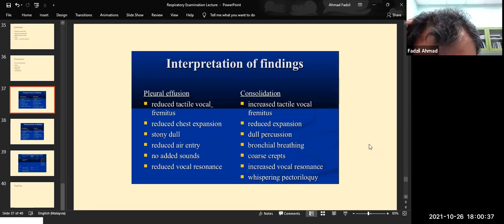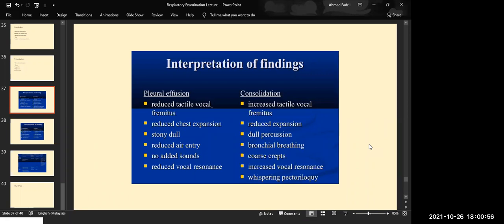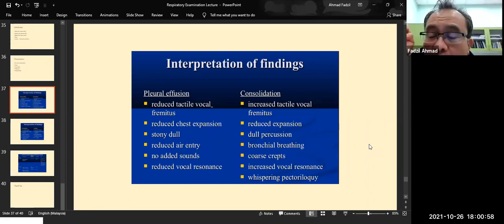Let's see next year, when COVID is stabilized, what we can do face to face. The most I can do is 8 people at one time. Okay, no questions?